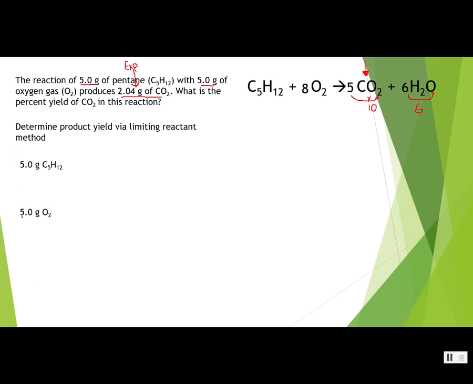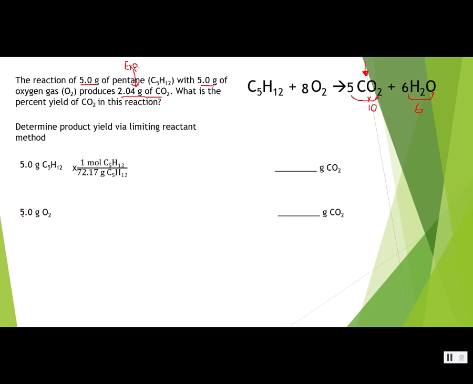So we're going to do two separate stoichiometry calculations using that 3-step dance, going from grams to moles, moles of species to moles, in this case of carbon dioxide, and then moles of carbon dioxide to grams of carbon dioxide.